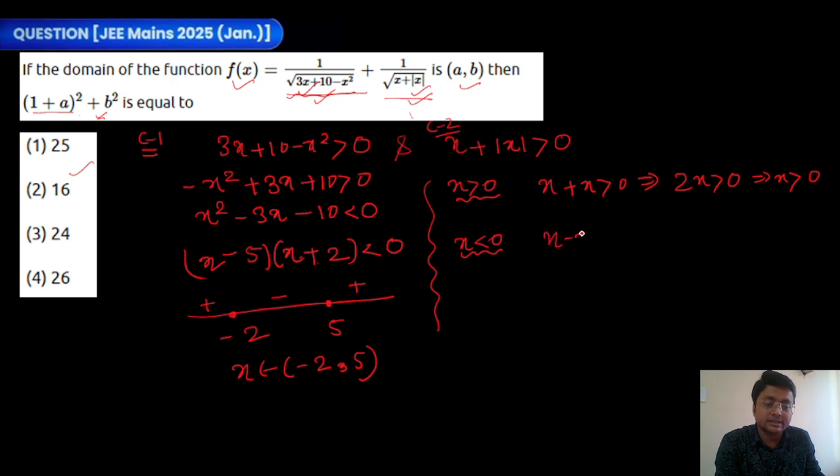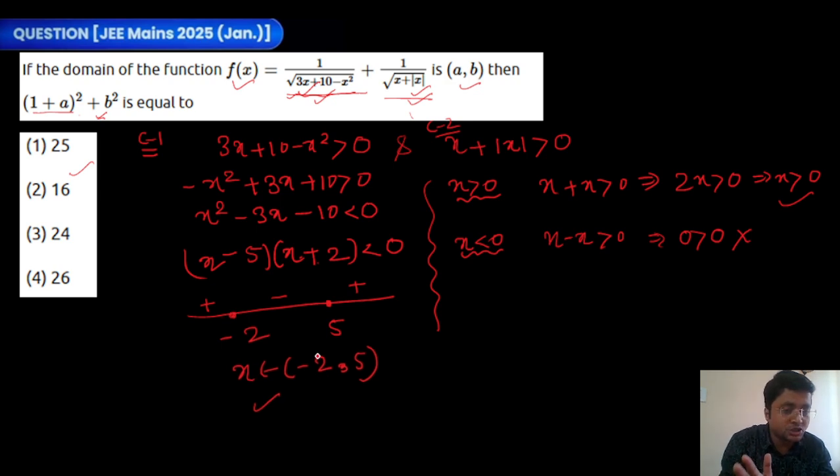So here it is x - x greater than 0, so 0 greater than 0, which is false. So we have found x greater than 0, and x belongs to (-2, 5). These are the individual domains of the two functions.